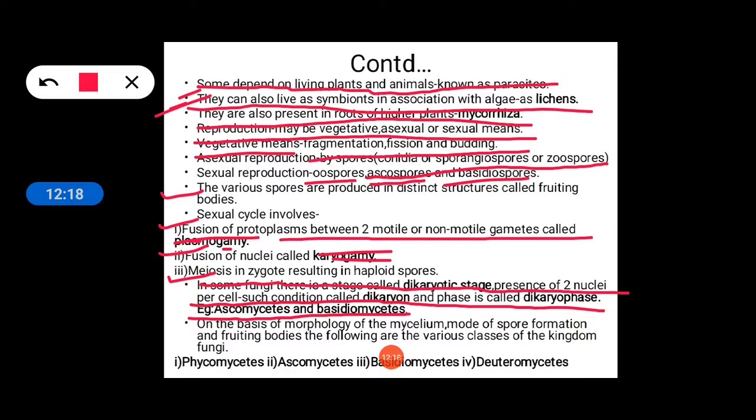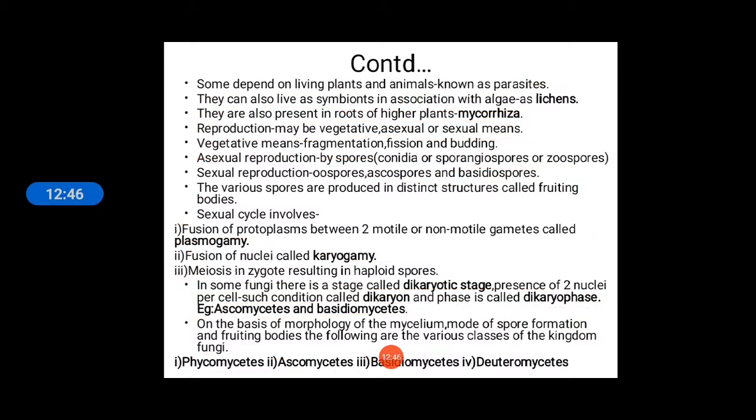These classes are Phycomycetes, Ascomycetes, Basidiomycetes and Deuteromycetes. These are the four classes of fungi on the basis of external structure, mode of spore formation and fruiting bodies. Now we'll go to the next slide.